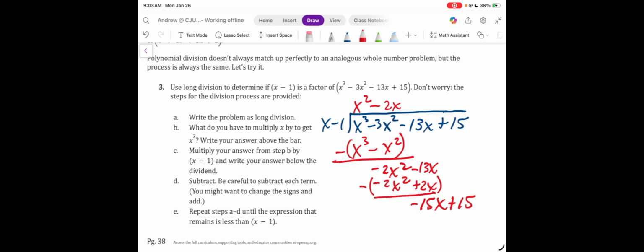X times what is negative 15x? Negative 15 times x, and plus 15. And this one also has a remainder of 0. So that means x minus 1 is a factor of the original polynomial.